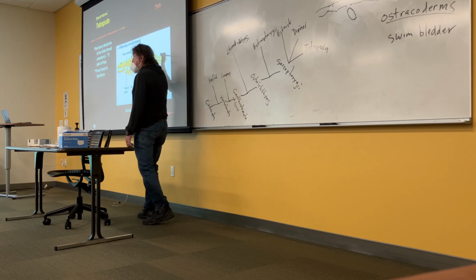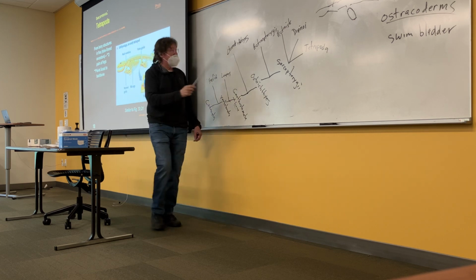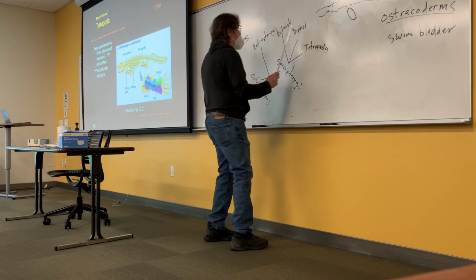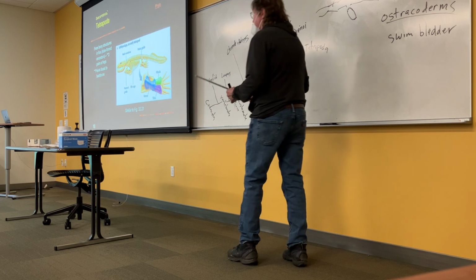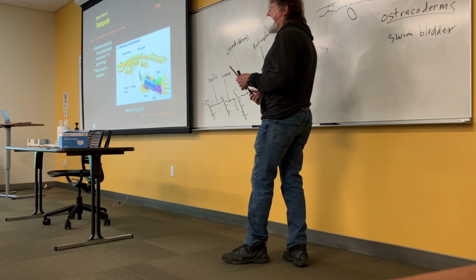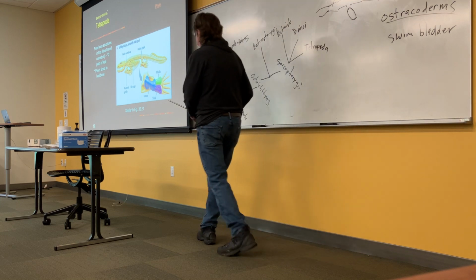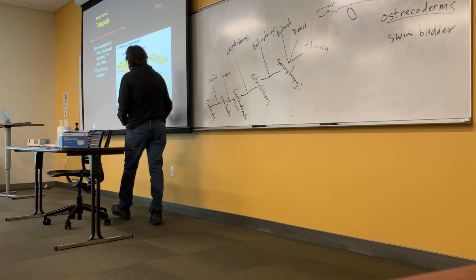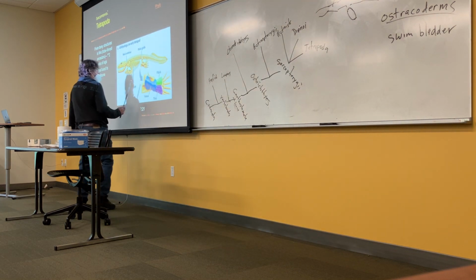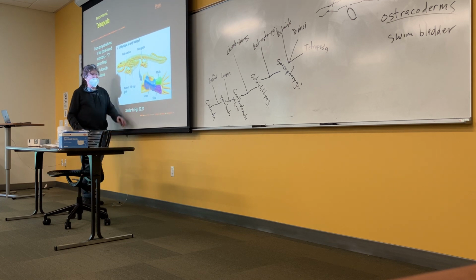Now, in the sarcopterygian fishes down here, the lungfish and coelacanth, those bones are not attached and supported at the backbone. Here they are. Once again, same types of bones here. Femur, this is in the leg.